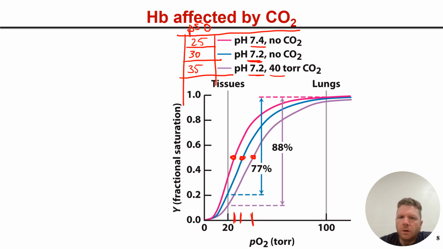What this also displays is that these three different proteins in the tissue, since they have higher P50s, their affinity for O2 is all going to be considerably lower. And so what this is showing is that this purple protein in the tissue loses 88% of the O2 it's bound to.